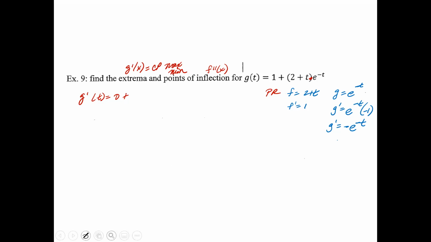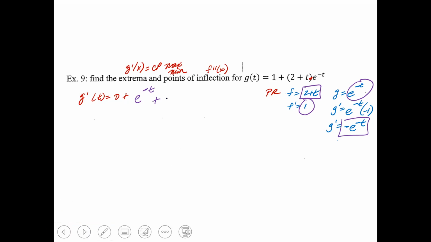All right, so then I'm going to proceed with the product rule. f prime times g, so that's just e to the negative t, plus f times g prime. You will distribute that, so you have negative e to the negative t times 2 plus t.